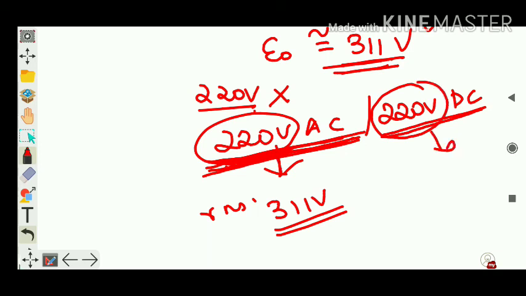But with AC, if you are getting 220 volt, the maximum voltage can go up to 311 volt, which is higher, right? So that's why AC voltage is much more dangerous.